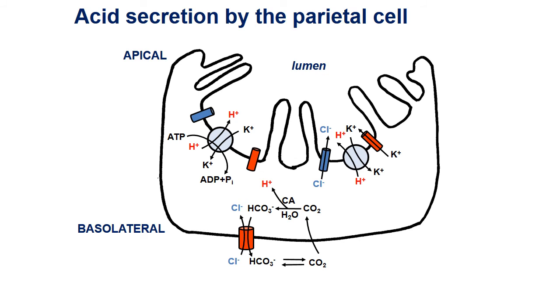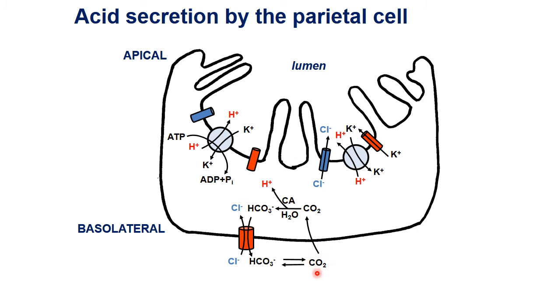This is then a schematic diagram of the parietal cell. We've highlighted the movement of molecules across the membrane that leads to the secretion of hydrochloric acid across the apical membrane. So let's start here with CO2 at the basolateral membrane.